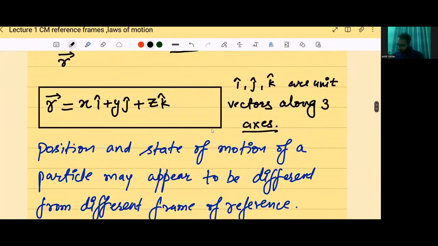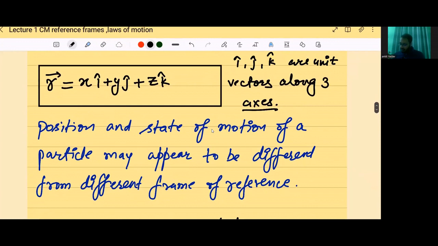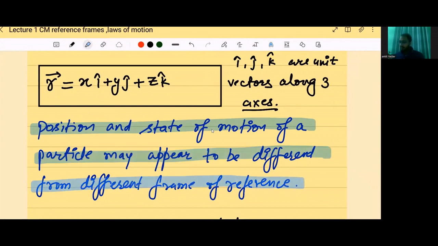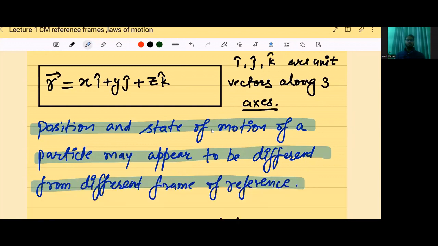Now position and state of motion of a particle may appear to be different from different frames of reference, as we have seen. अगर दो different है, एक rest में है, एक motion में है frame of reference, तो एक के according, उनके according it can be different.